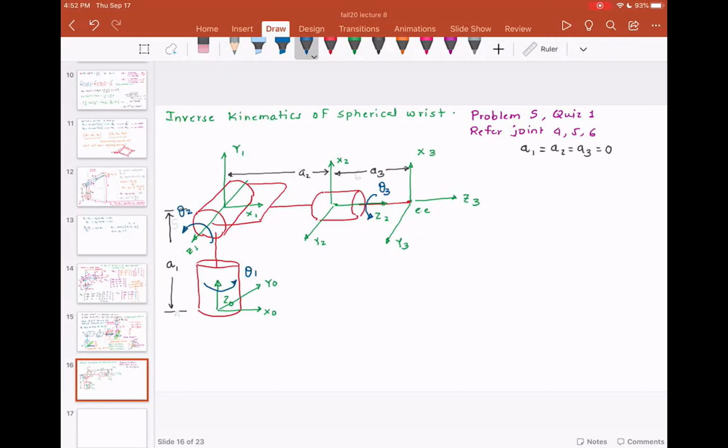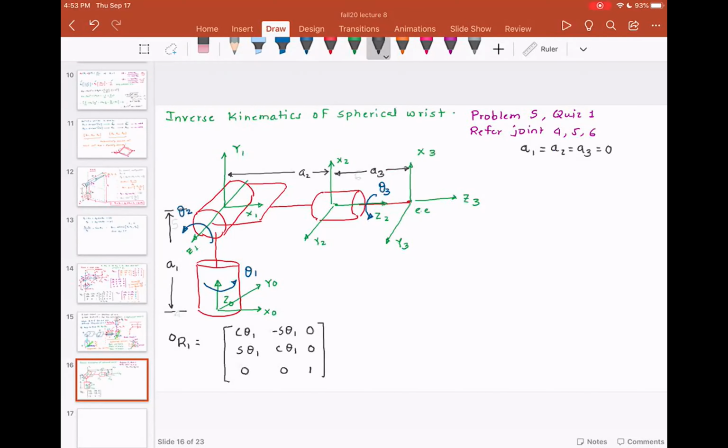Now I'm going to start with my first joint, which is 0R1. This 0R1 is [cosine theta 1, minus sine theta 1, 0; sine theta 1, cosine theta 1, 0; 0, 0, 1].